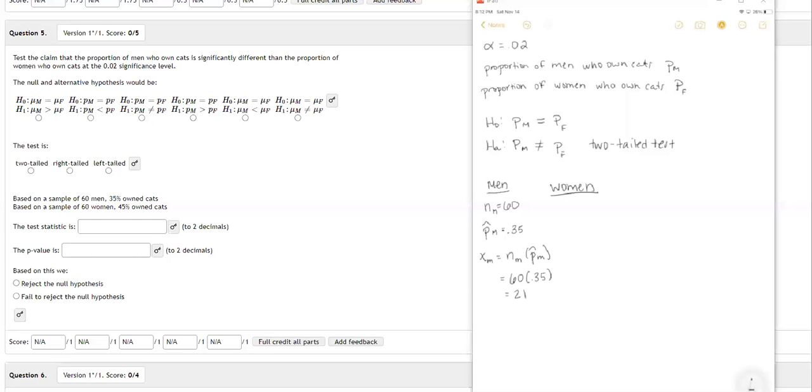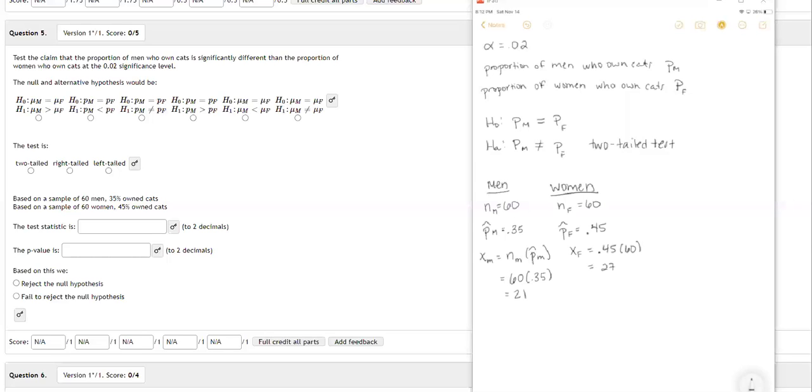That's the number of successes. For women, I have a sample size of 60 and the proportion is 45%, so 0.45. The number of successes for females that own cats would be 0.45 times 60, or 27.